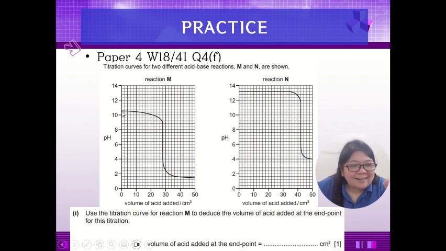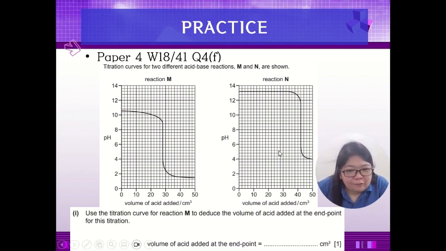So you are adding acid into the base. That's why this time the pH will drop. Start from basic pH, then the whole titration will end with acidic pH because acid will be in excess at the end. Now, what does this question ask for?